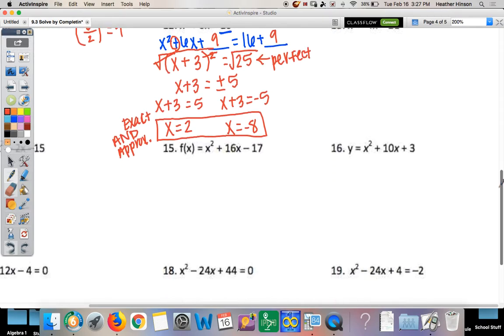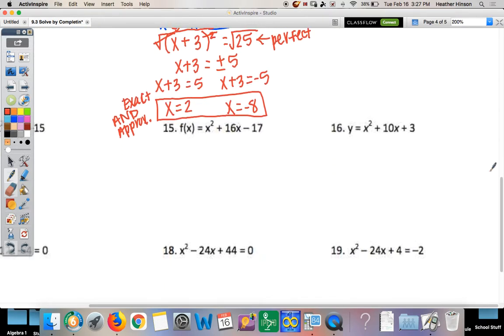Okay, and I'll do number 16. So for number 16, we need to get rid of the bad C. So we need to set this equal to 0 and move it over. How do we move that over? We subtract it because it's already positive. So negative 3. How do we find our good C?